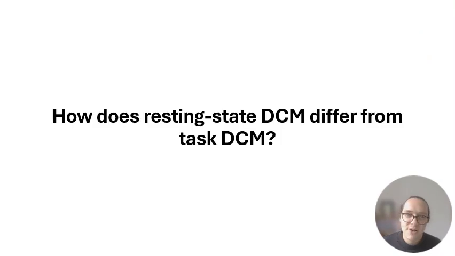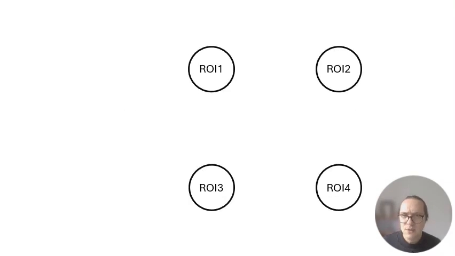I'm now going to talk about how a resting state DCM differs from a task DCM. Here I have a cartoon example of how a task-based DCM might normally be defined. So you will have defined some regions of interest within the brain.